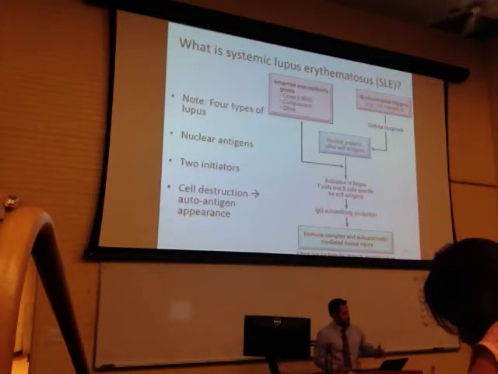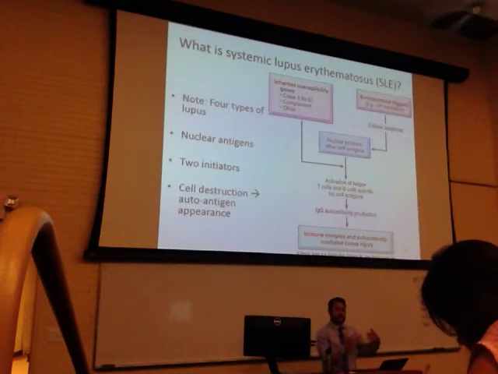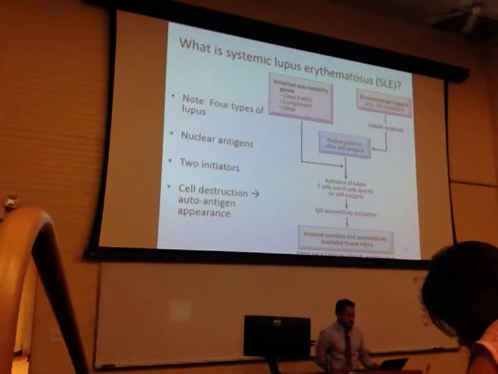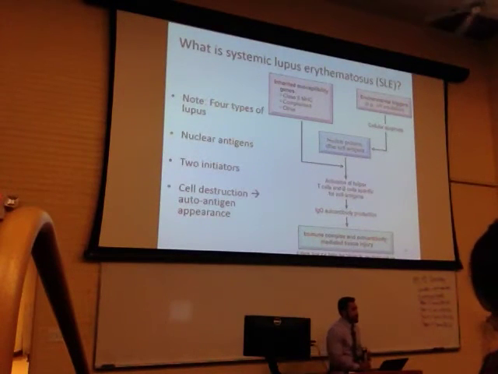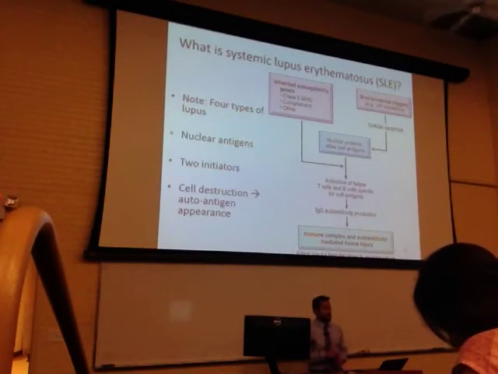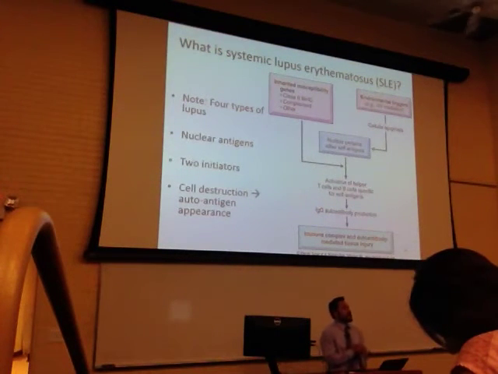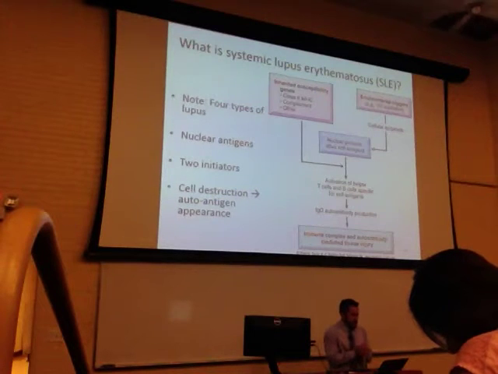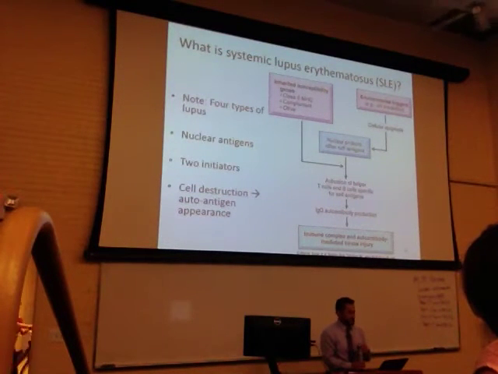UV light exacerbates the symptoms. So patients tend to be a little bit more careful about staying out in sunlight. It's much more prevalent in women than it is in men, about 9 to 1. It's one of the more common autoimmune disorders. In some of our subpopulations, we see an incidence rate of about 1 in 2,500 patients.